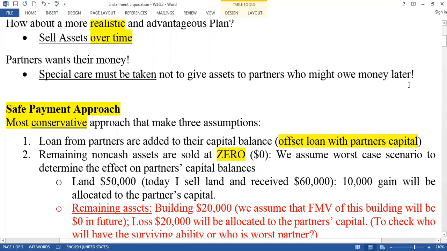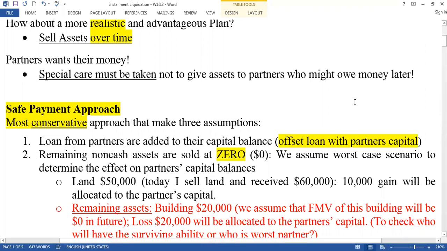That means maybe in future someone is not going to survive. At this moment, all people have the surviving ability, but we have to check what may happen in future, who may not have the ability to survive. If someone does not have the ability to survive, we are not going to pay this money, right?